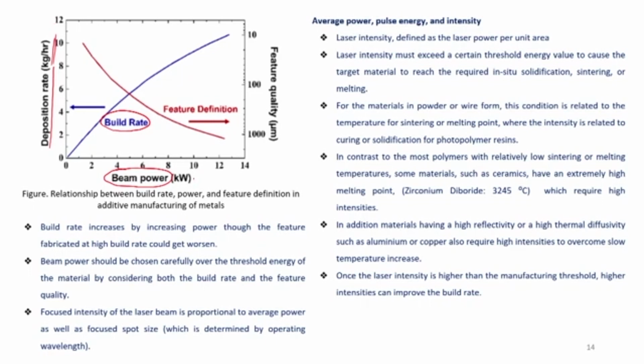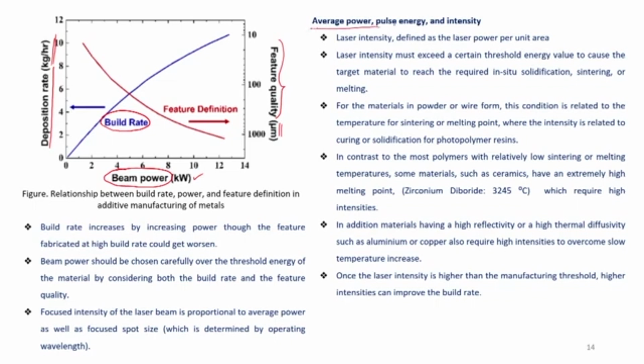The beam power we are considering in kilowatt. In the same graph we have also plotted the feature quality, in microns. So, let us see the effect of beam power on the deposition rate or build rate and the feature definition.